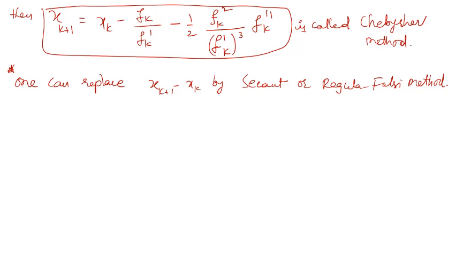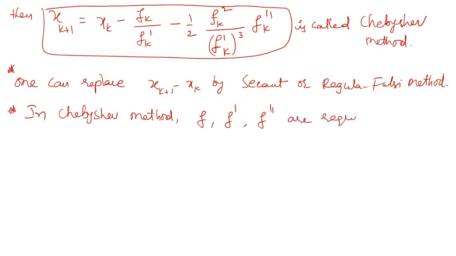And in the Chebyshev method, how many functions are evaluated? In the Chebyshev method, f, f dash and f double dash are required at x equal to xk.